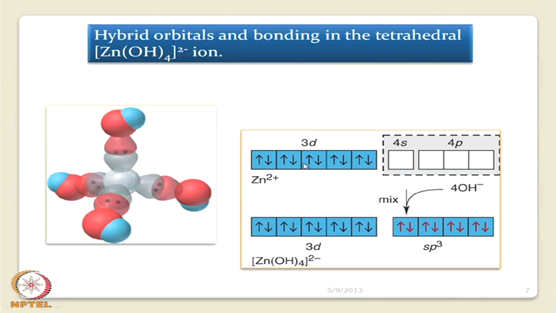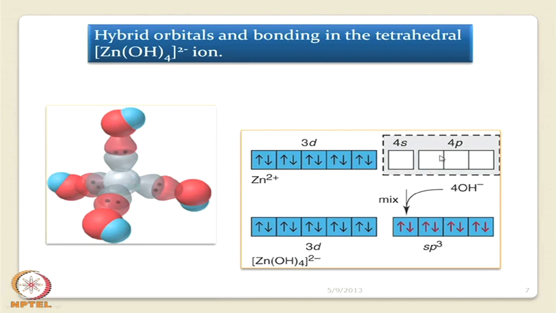So zinc ion, which is already in the bivalent state, has a 3d10 electronic configuration, and these are the vacant levels, 4s and 4p levels are there.